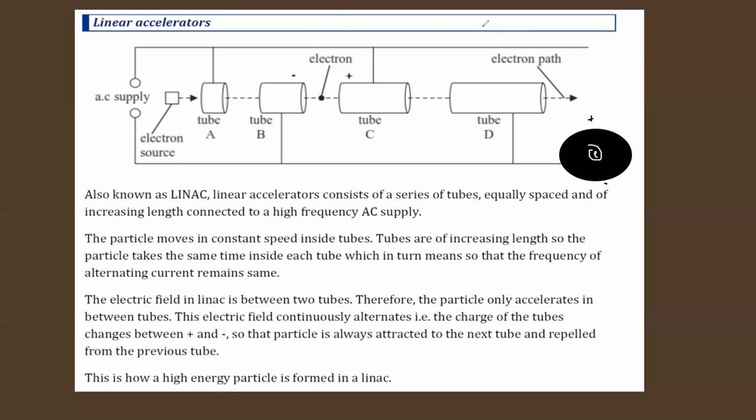In that case, the electron will move with a constant speed. So first, a positive potential, for example on the left, and negative on the right. Because it's an AC, the terminals will change.